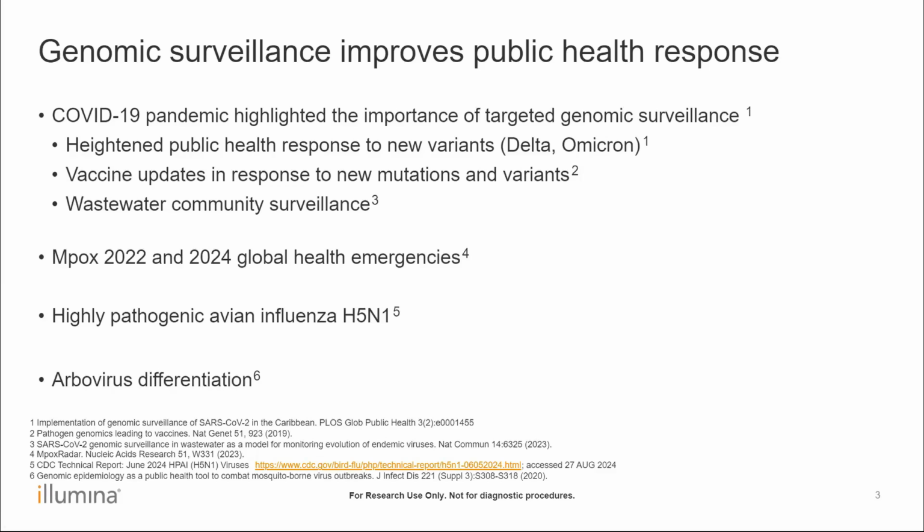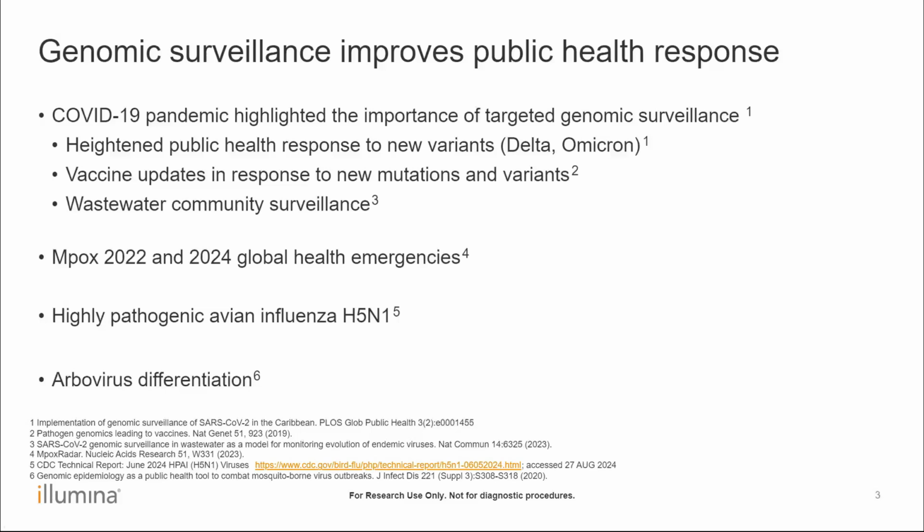Again, the COVID-19 pandemic really highlighted the importance of targeted genomic surveillance. We saw heightened public health responses when new variants came out, like Delta and Omicron. We've seen continual vaccine updates in response to new mutations and new variants. And it really brought a big spotlight to the value of wastewater surveillance for monitoring communities without regard to people's access to healthcare.